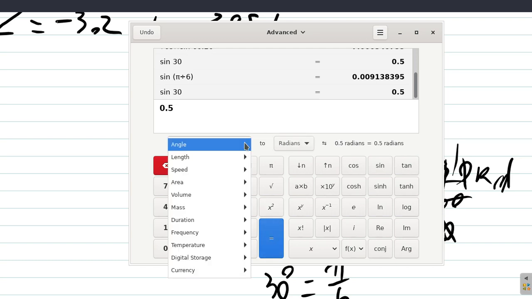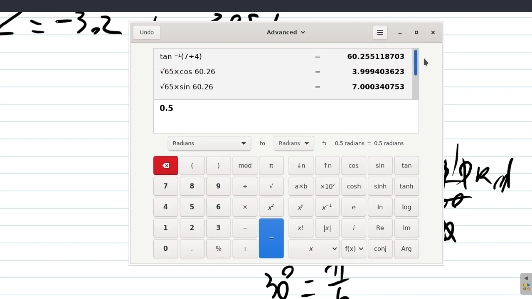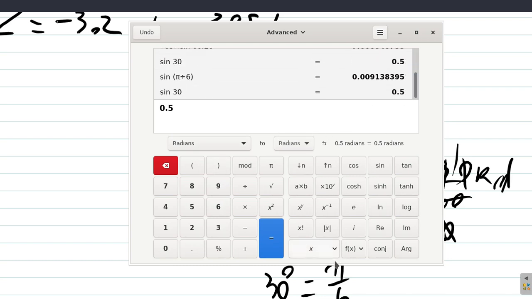It shouldn't be. It's in advanced mode. I'm sure this is in radian mode. But this is a problem I'm having with it now. Anytime I'm going to do any calculation involving radians and degrees, I'll just use the other calculator.